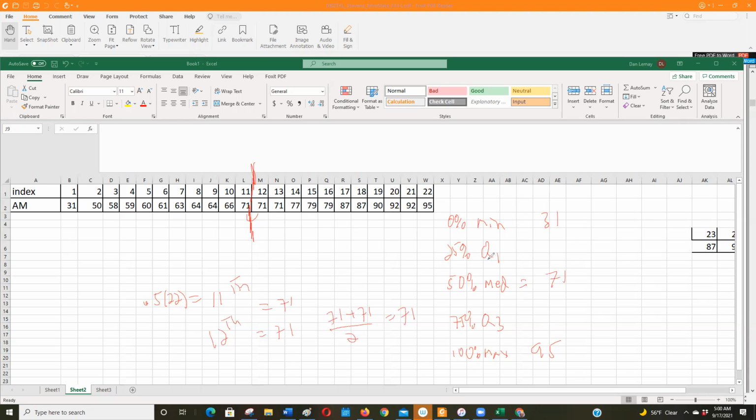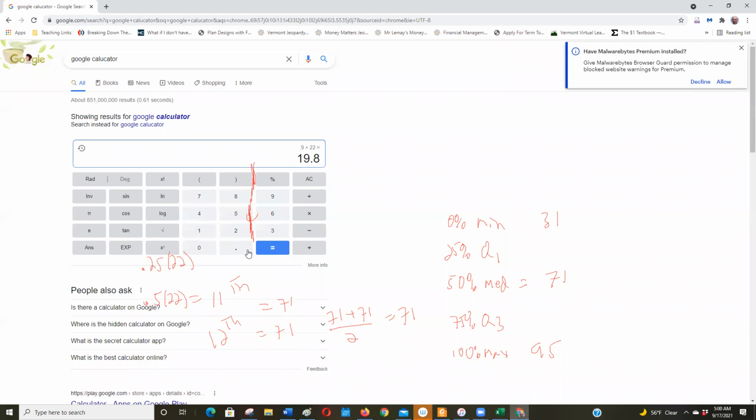Now we're going to find the lower quartile, and that's the 25th percentile. So 0.25 times 22 is, I think, 5.5. Let me make sure. I've got to get back so I can interact with my screen. What did I say? 0.25 times 22.